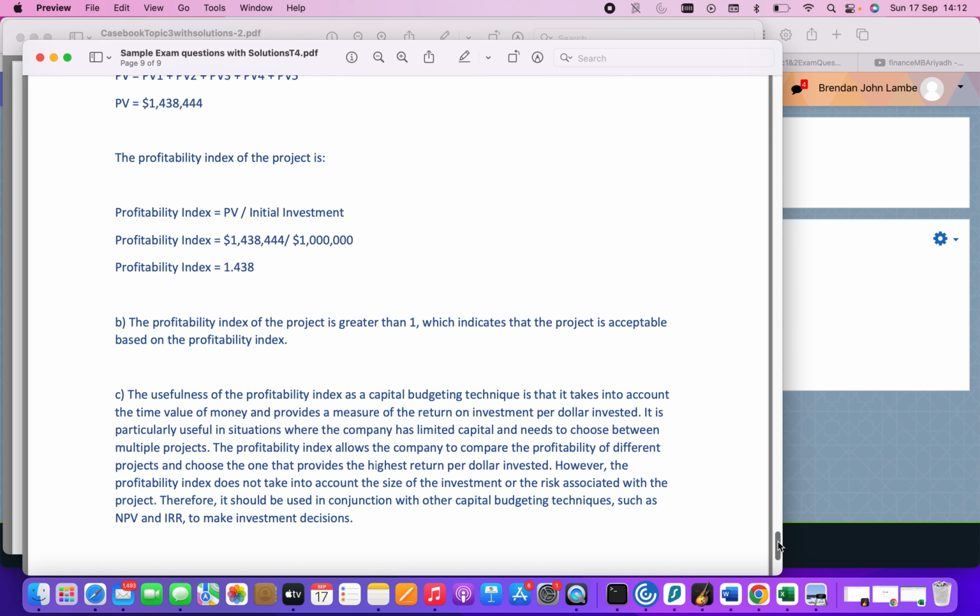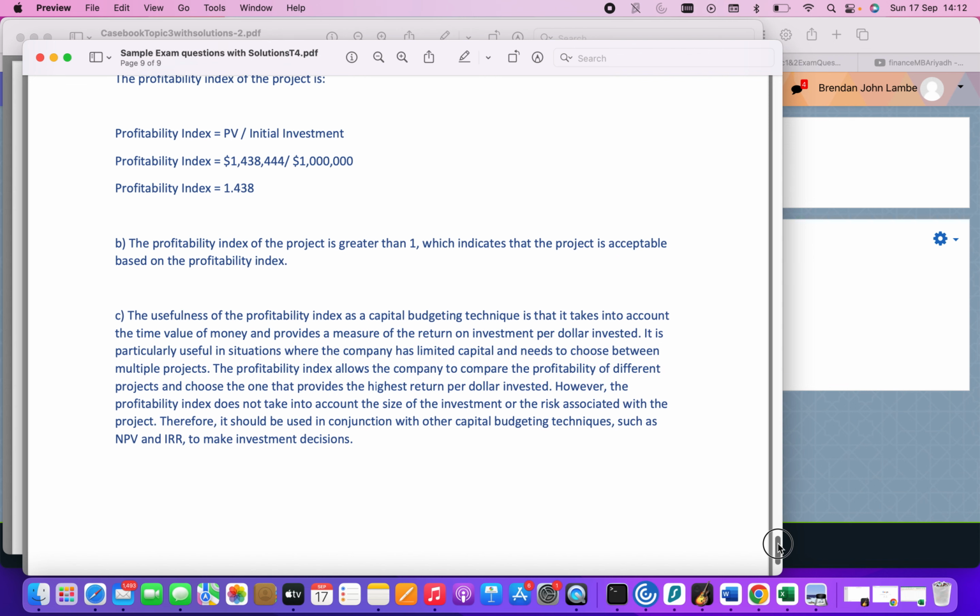It allows us to compare profitability across different projects as well. So that's its greatest strength. It doesn't take into account the size of the investment. It takes into account risk in terms of bringing things back to present value terms.